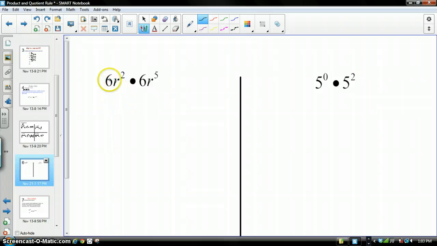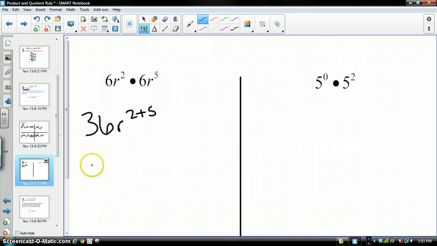Once again, we have coefficients out in front, so we need to multiply our coefficients, which 6 times 6 is 36, then add our exponents, so r to the 2 plus 5, so this equals 36 r to the 7th.